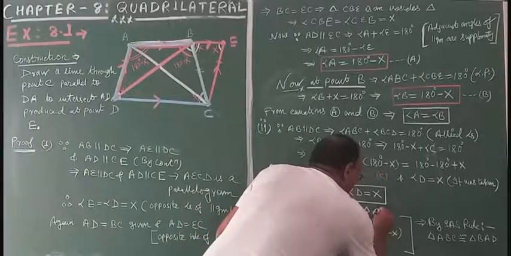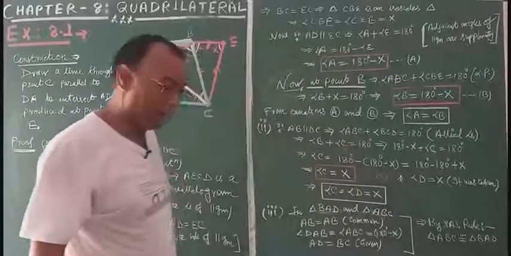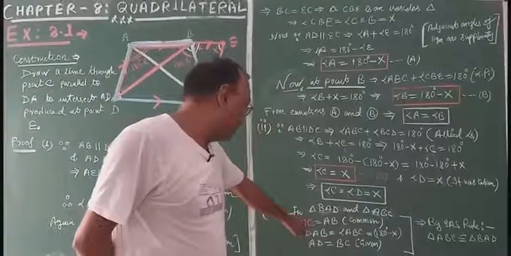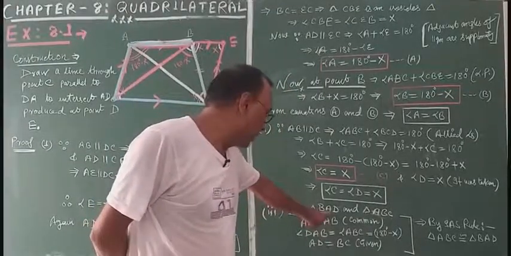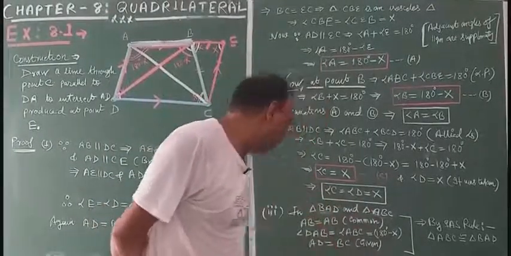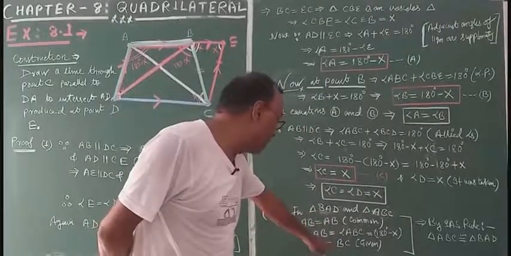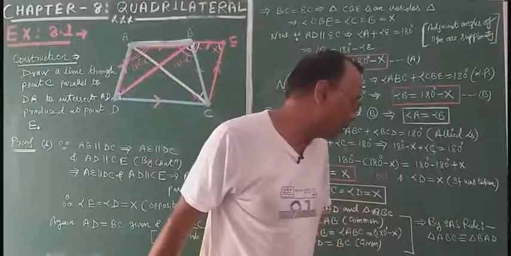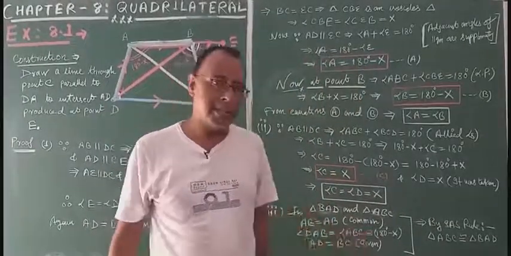Now it is okay. Side AB of this is equal to AB. Angle DAB of this triangle is equal to angle ABC of the other. Side AD of this triangle is equal to BC. So therefore, these two triangles are congruent by the SAS rule.